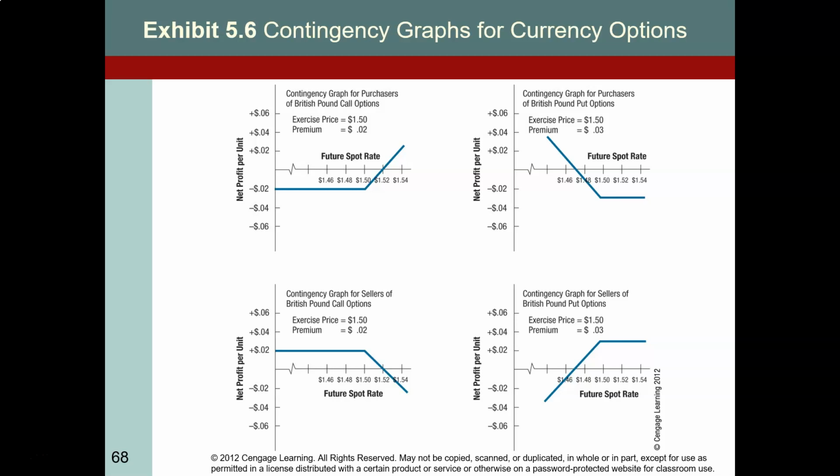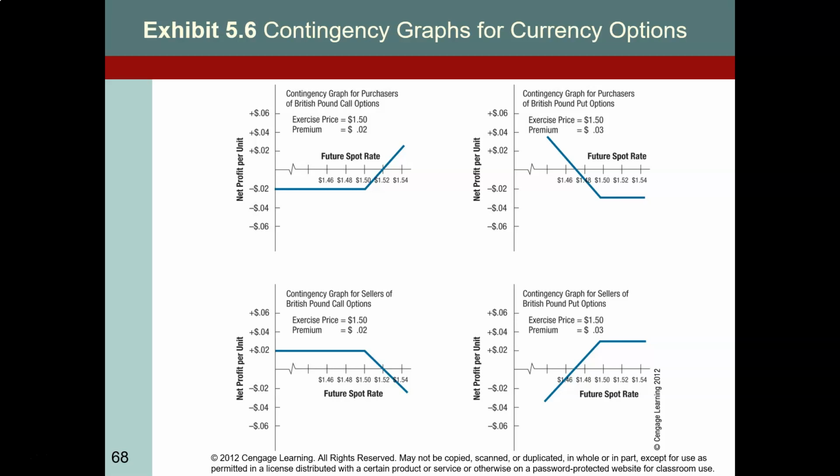For the sellers of the call option, they benefit. They make a net profit of the premium amount, 0.02, if the future spot rate is below 1.5, because the buyer wouldn't exercise it.